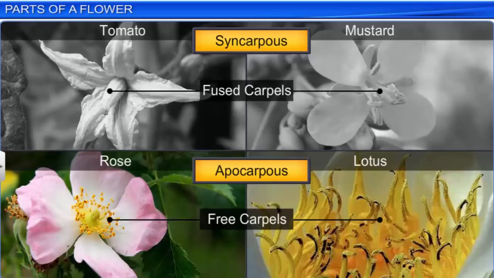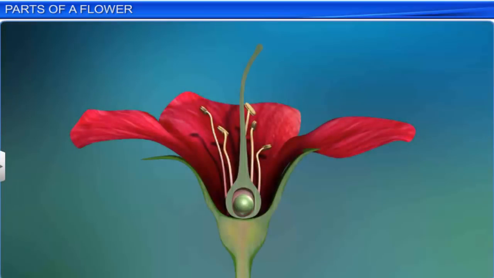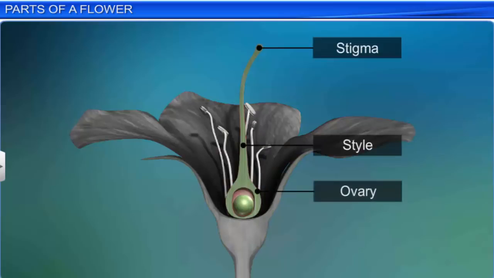Each carpel has 3 parts: stigma, style, and ovary. The stigma is the part of the carpel that receives the pollen grains. The style is the elongated tube that lies on the ovary and connects it to the stigma.